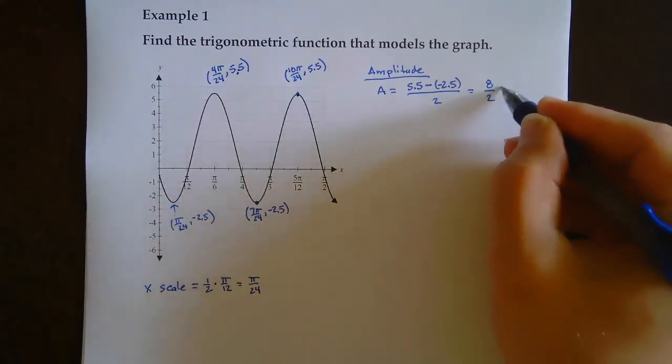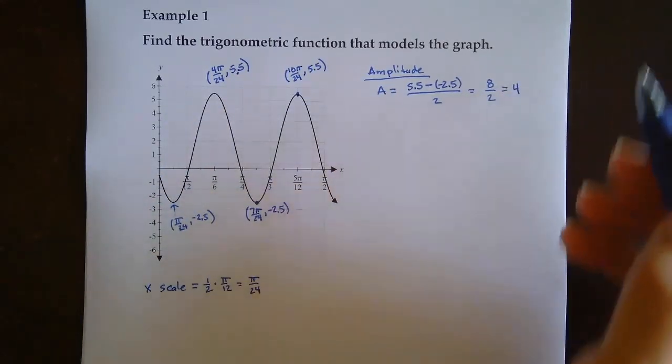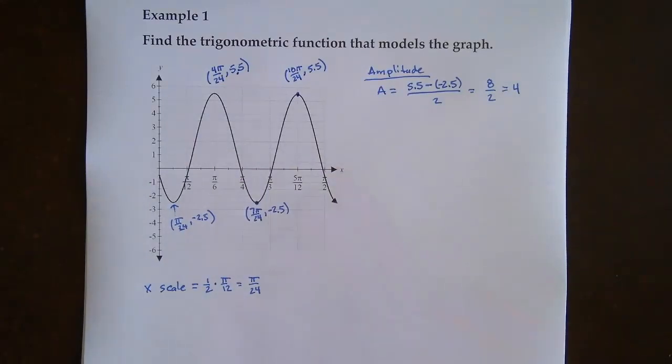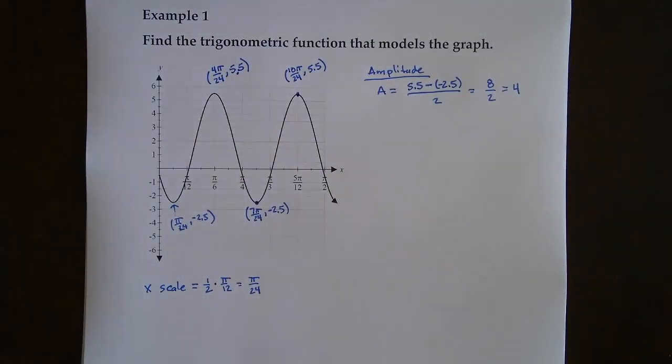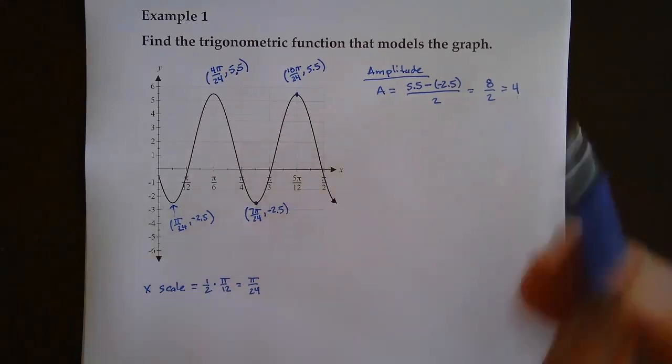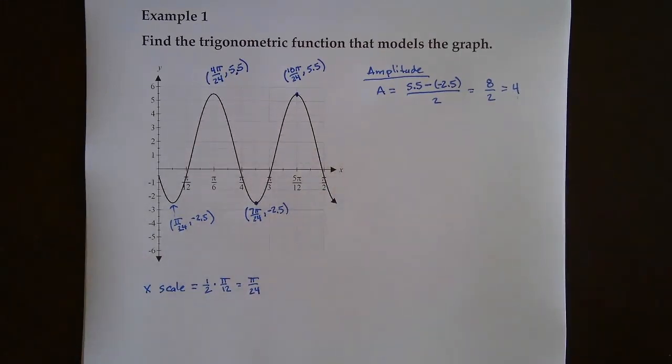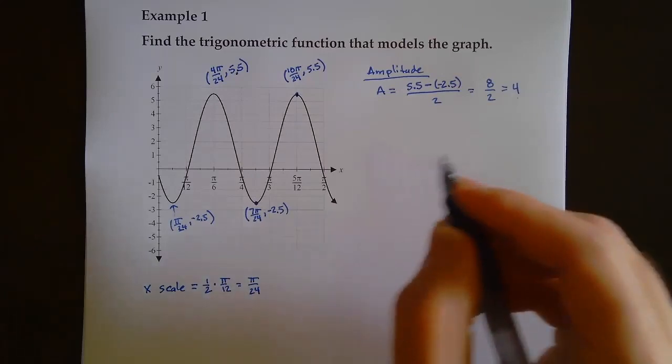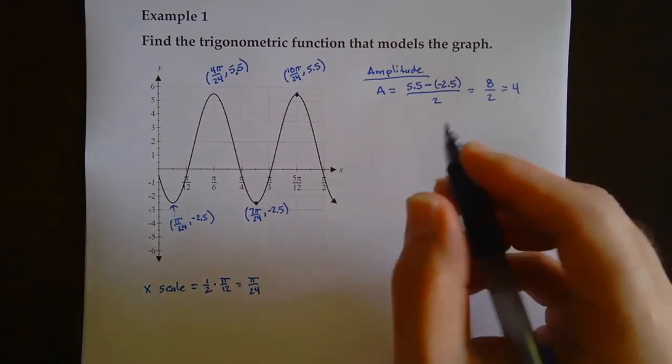And we're going to take half of it, so that would be 4, okay? So that's how much it got stretched. If we shifted it all the way down, that would be how far the graph goes above the x-axis, okay? And also how far below. If we didn't do any shift up or down, this number would be how far the graph goes up and below the x-axis, okay?